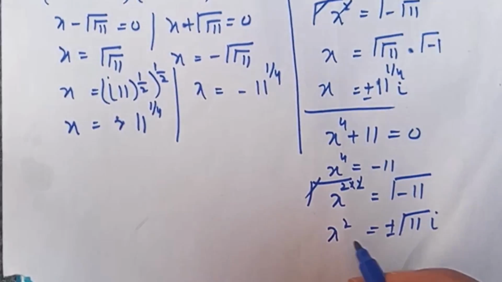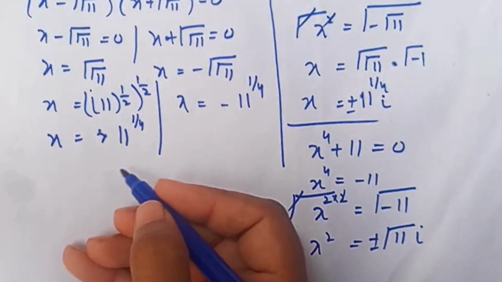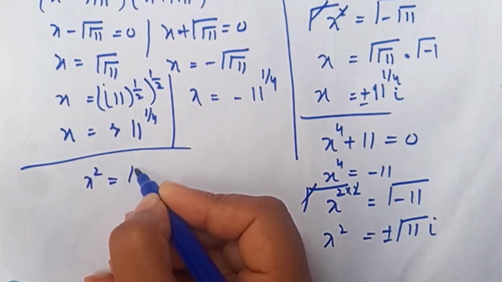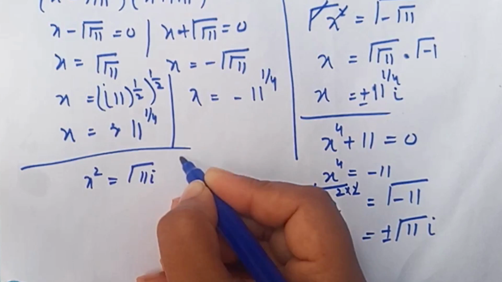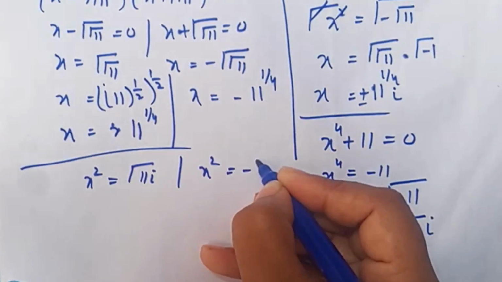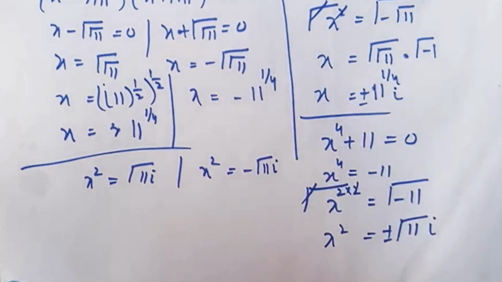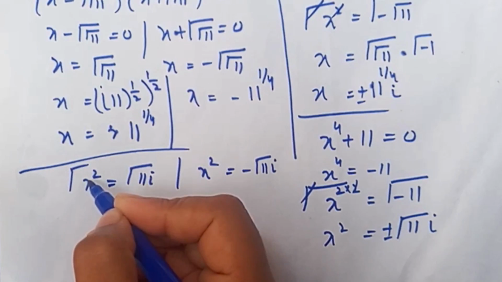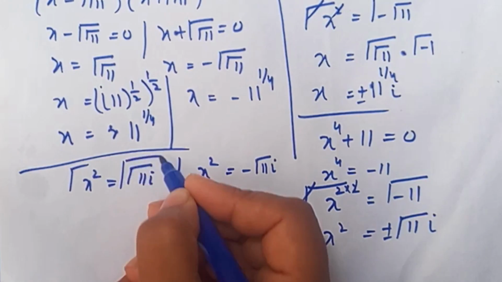Now in the next step we separate this value. So x square is equal to square root 11 iota, and x square is equal to minus square root 11 iota. Now look at this, we take a square root on both sides. So take a square root on this side and also take a square root on this side.